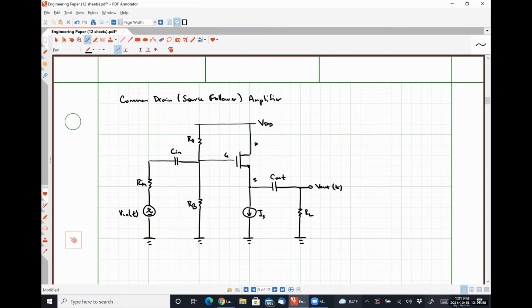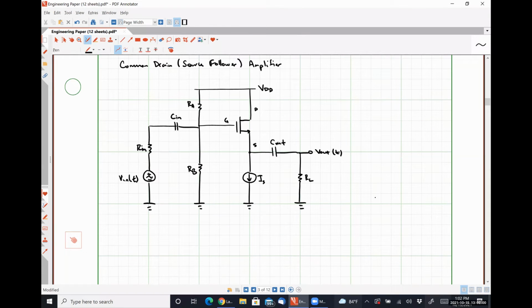And we'll talk about what happens if we modeled this as a practical current source in a minute, which is going to be much more likely a better model of what we actually have. All right. So we're going to look at this guy from a large signal perspective and then the small signal perspective as well.